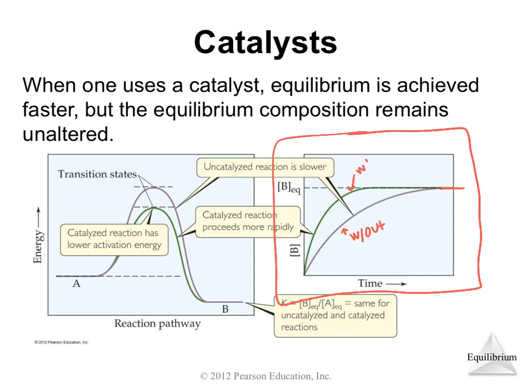The green line is with a catalyst, and you can see that the concentration change in the beginning is much more rapid and it reaches equilibrium faster. So it's still the same concentration at equilibrium. It doesn't affect that at all. It just affects how quickly we actually reach equilibrium.